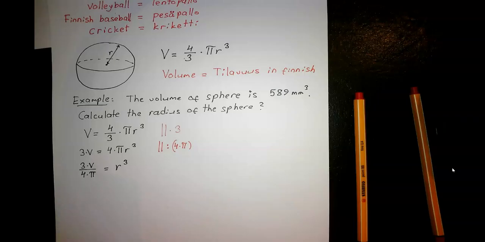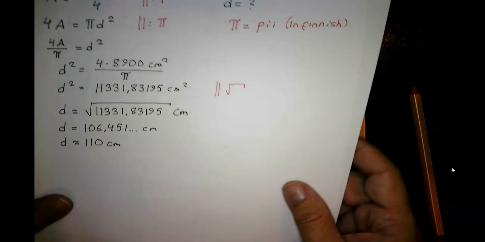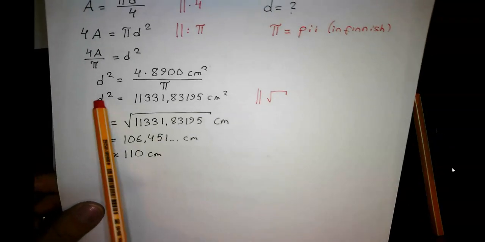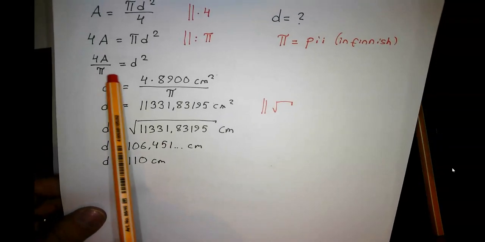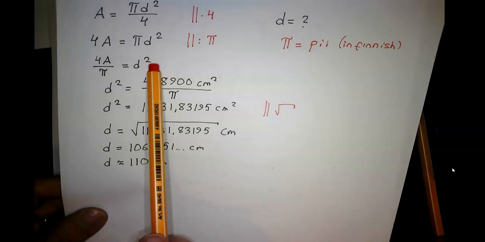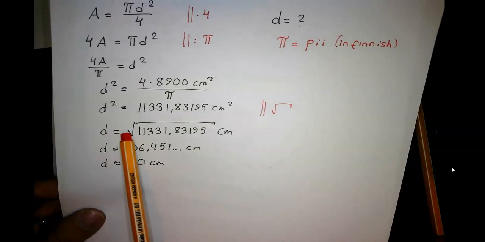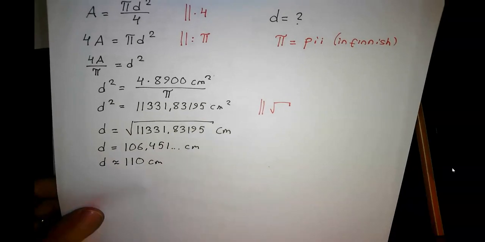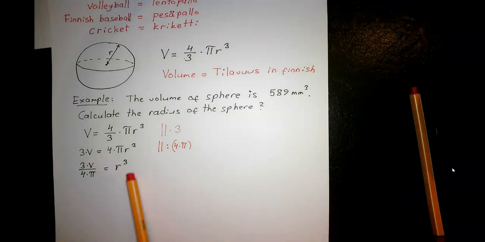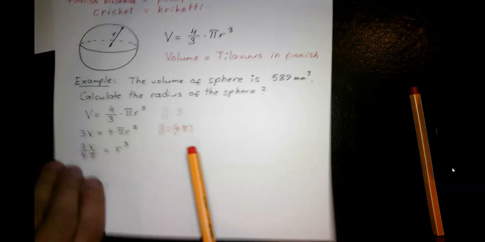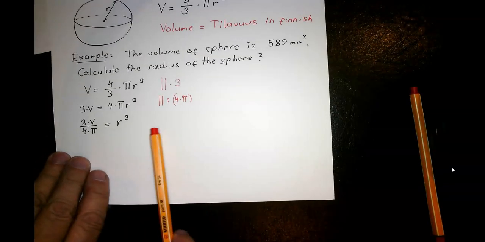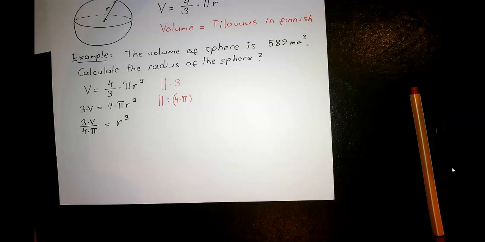And as we did in this circle example, we had d squared there, and we got the d by using square root. Here we can get the answer by using cubic root.